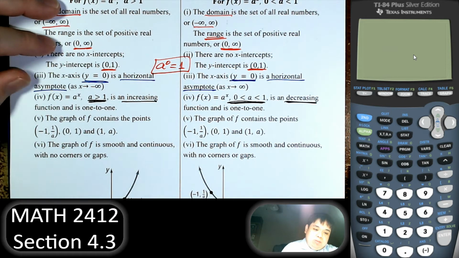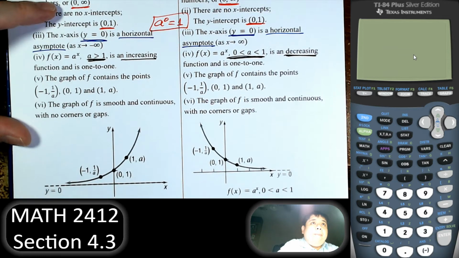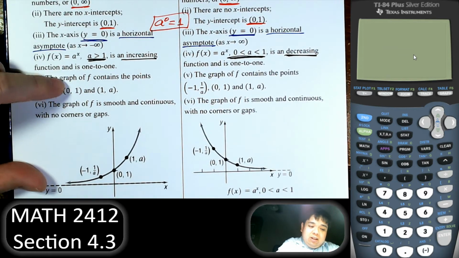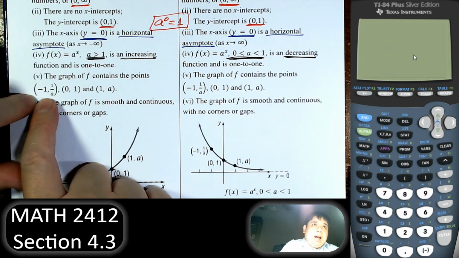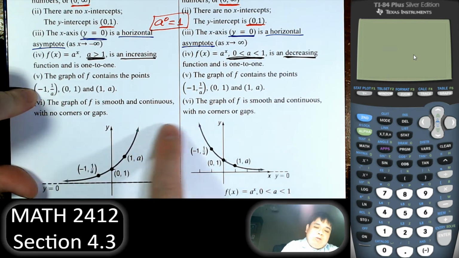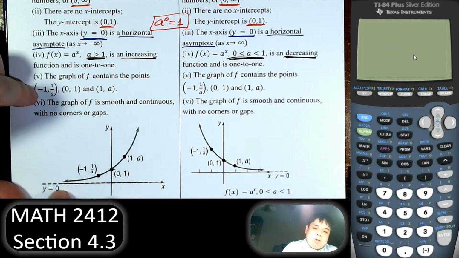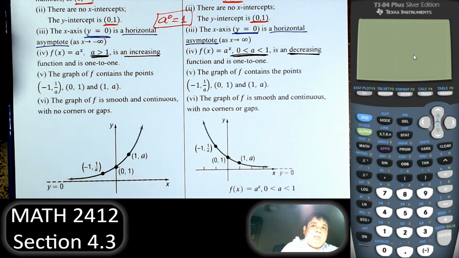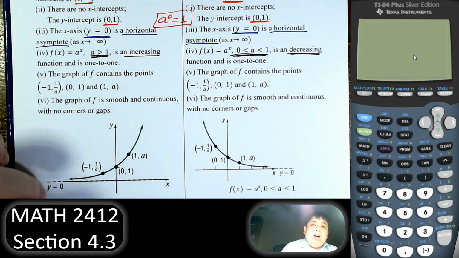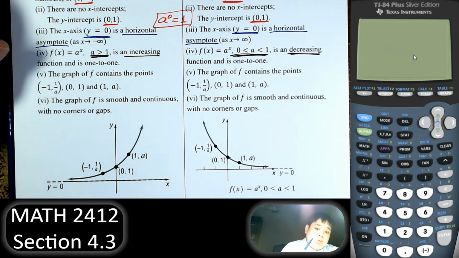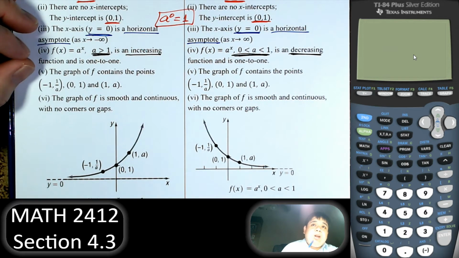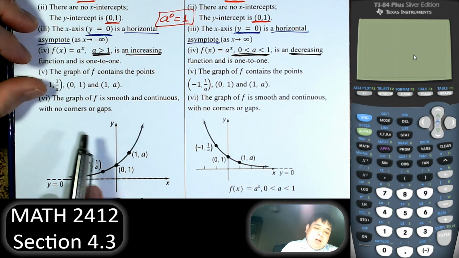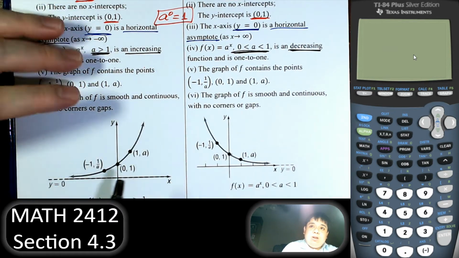Those are the only possibilities. Right, and the graph, this is easy. When x equal to negative 1, we have 1 over a. So the graph goes through this point. And finally, similar to the graph of a polynomial function, an exponential function has a graph that is smooth and continuous. So there are no corners, no gaps.